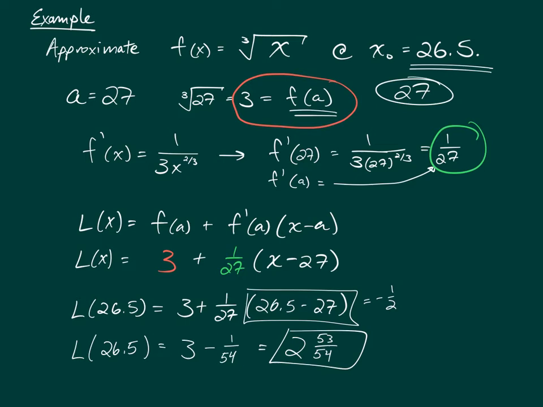Let's take a look at how close this answer is on the next slide. On the previous slide, we approximated that the cube root of 26.5 is 2 and 53/54ths, or 2 and 53 over 54.